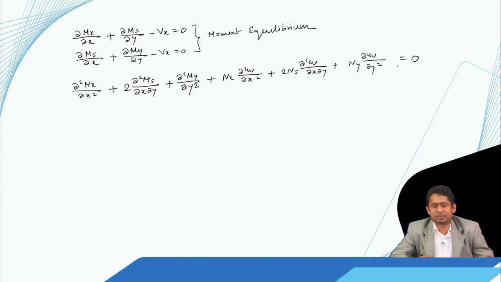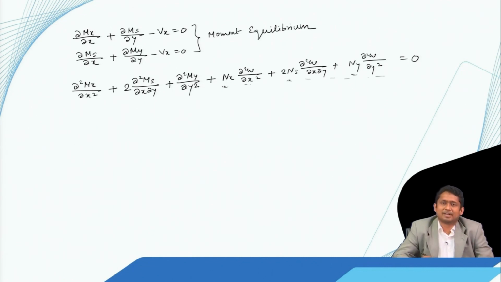If we compare with the similar equation that we got for static analysis, there we had the transverse load term. Here, as opposed to that, we get the effect of the in-plane forces. Now one thing, these in-plane forces are called membrane forces, and they are considered to be present in the pre-buckled state itself, in the original flat configuration.